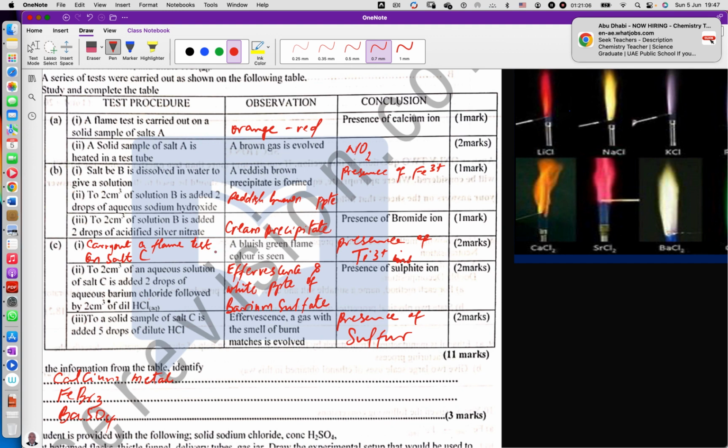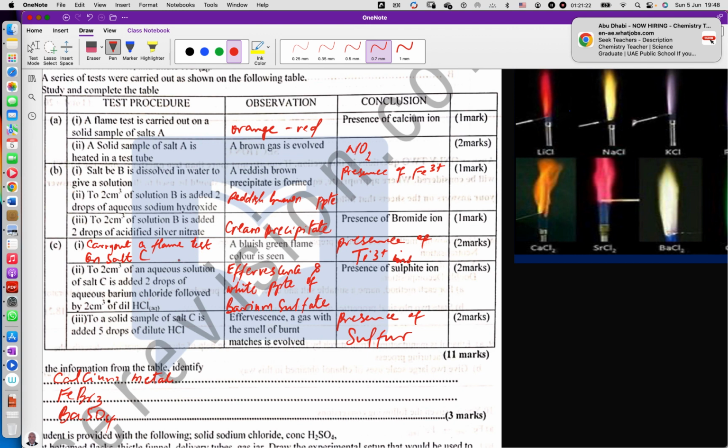Then C, a bluish green flame color is seen. We are talking of the presence of a copper ion.